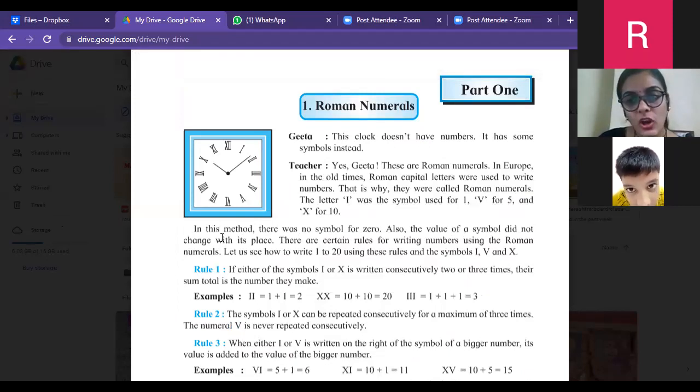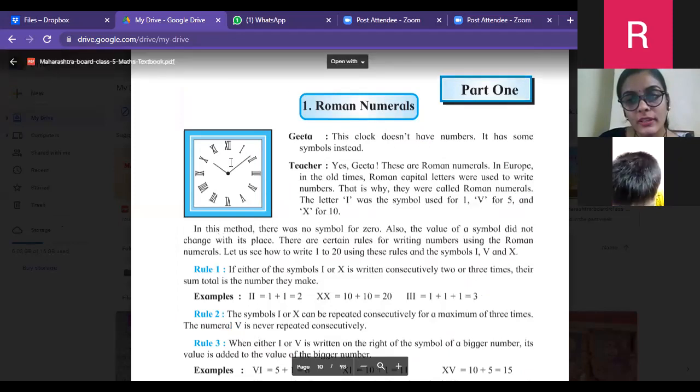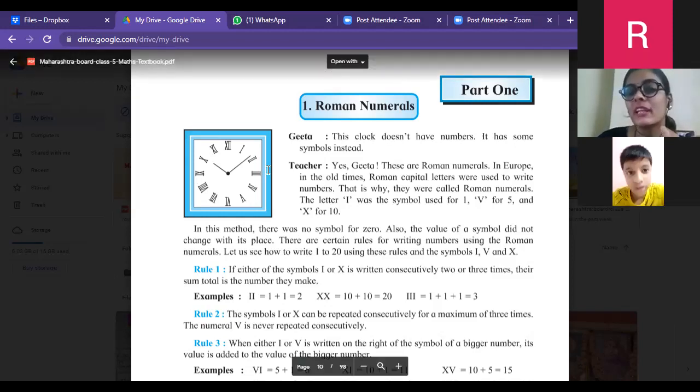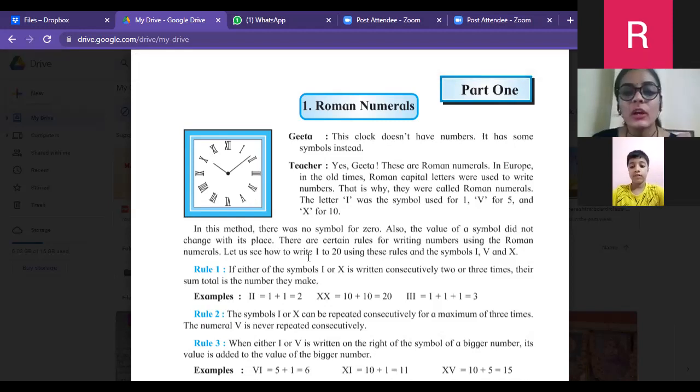Yes, teacher. So as you don't know, how will you read it? These are the Roman numerals. Now I will show you how to represent these Hindi Arabic numbers in Roman numerals.